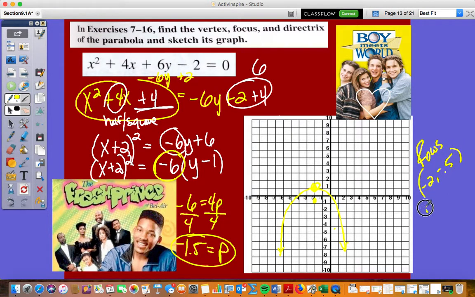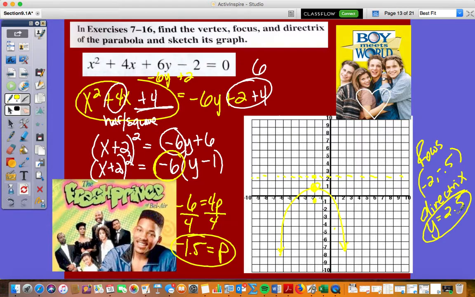All right. Let's get the directrix, and then we're done here. Our directrix would be where? Negative 2 and 2.5. Yeah, it'd be 2.5, but it's not a point, right? It's just 2.5. So would it be x or y equals? Y equals 2.5. Wait, would you just go up 1.5 to get the directrix? Exactly.